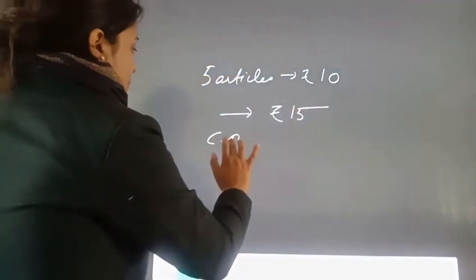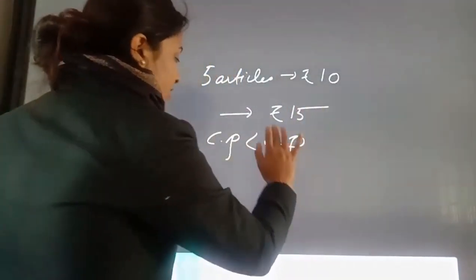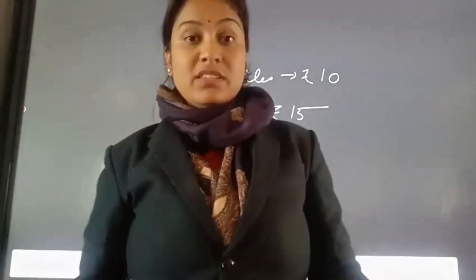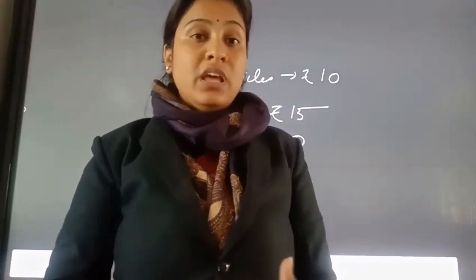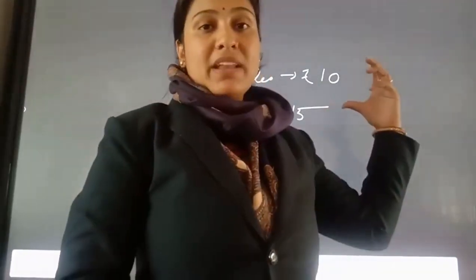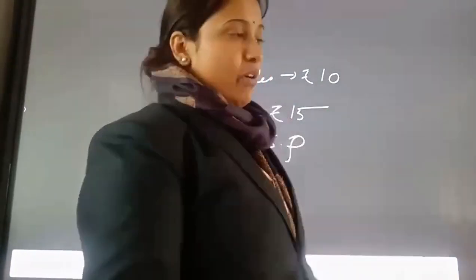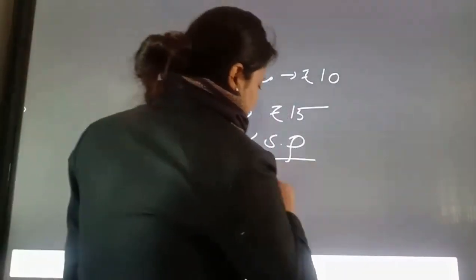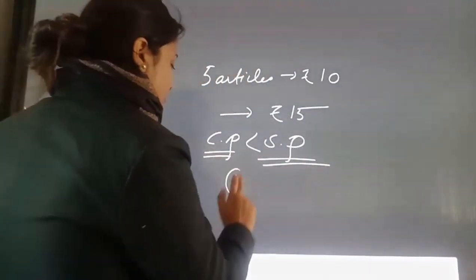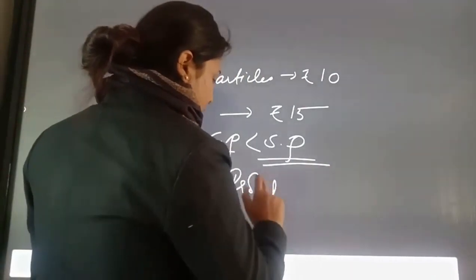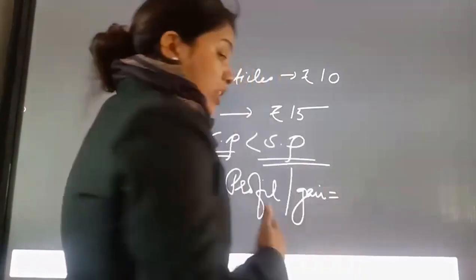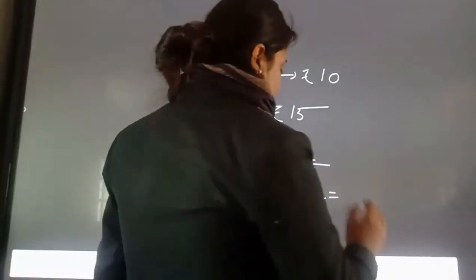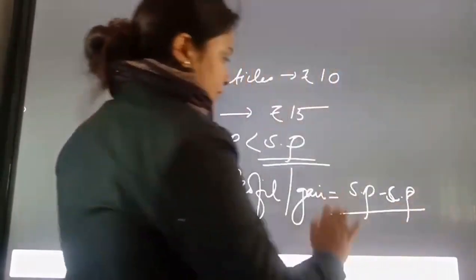Here, CP is less than the selling price. So, when SP is greater than CP, you have a profit or a gain. Gain or profit can be calculated as SP minus CP.